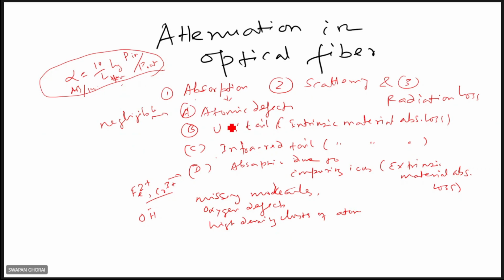Intrinsic absorption, atomic, because of atomic defects. Extrinsic absorption is actually due to impurity ions. You see, there are different impurities during fabrication, different impurity ions will be there.